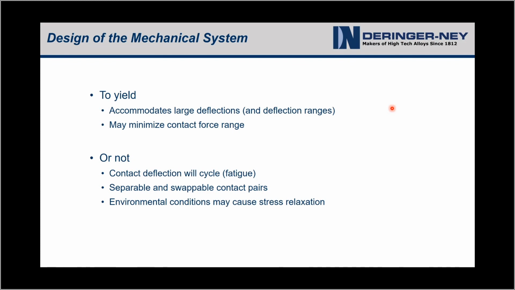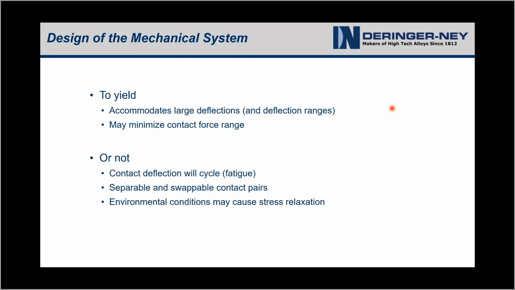Yielding accommodates very large deflections and deflection ranges. Because the curve starts to flatten out as you start to yield, you may also minimize the contact force range in the assembly if you need to accommodate large deflections. But if the contact deflection is going to cycle, you may be fatigue sensitive.